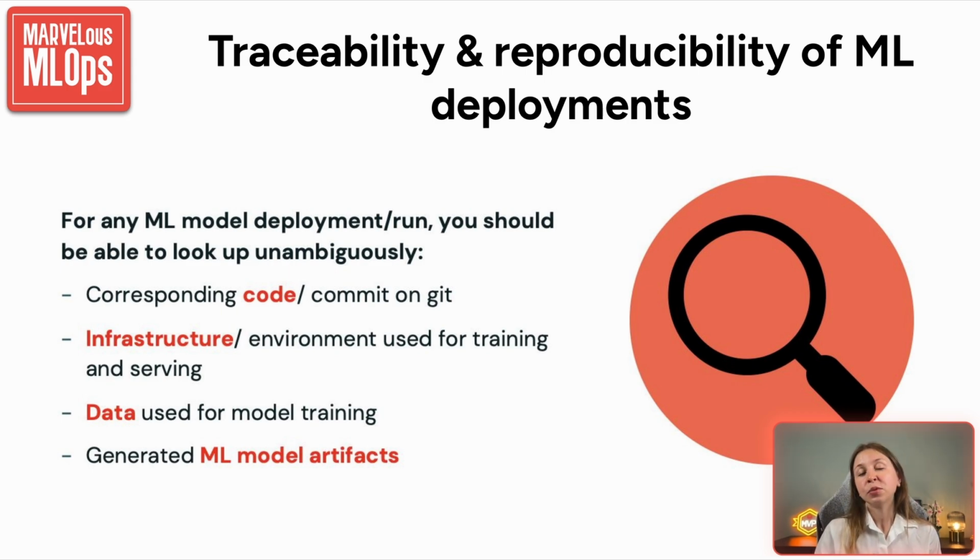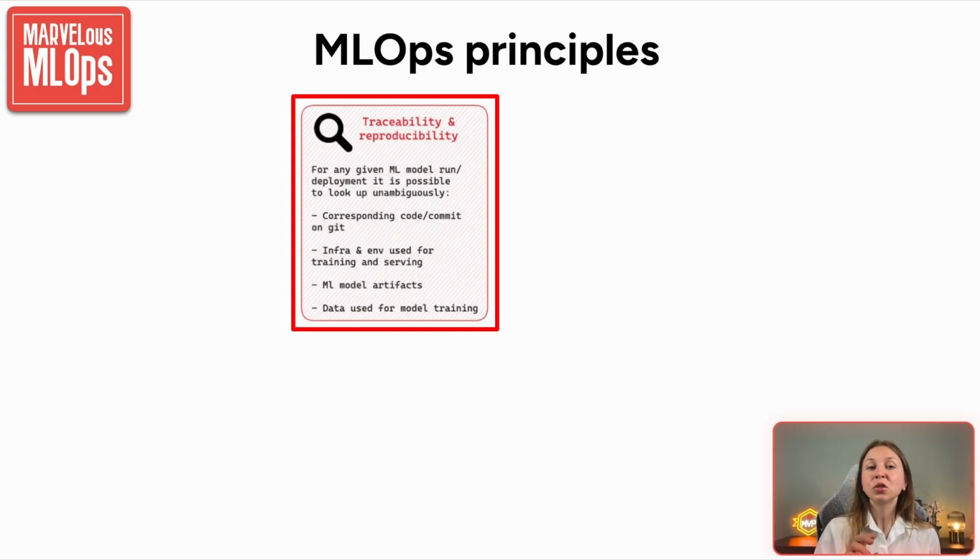You should be able to come up with any combination of these different things and reproduce it later. So this is just one group of MLOps principles, but there are many more.